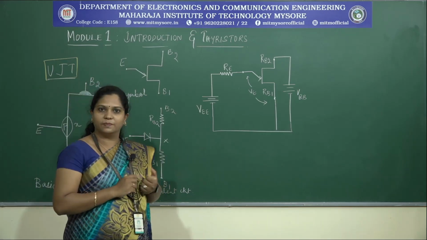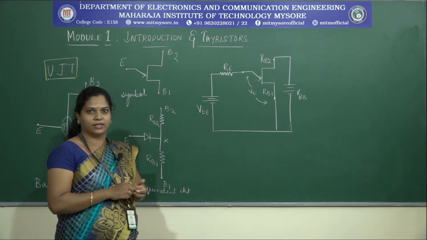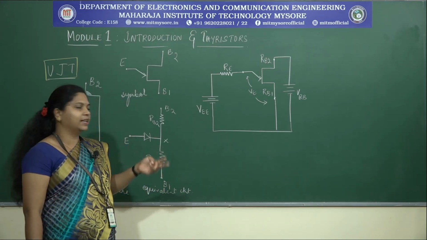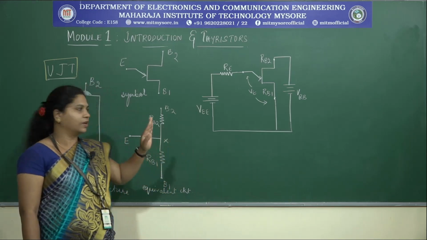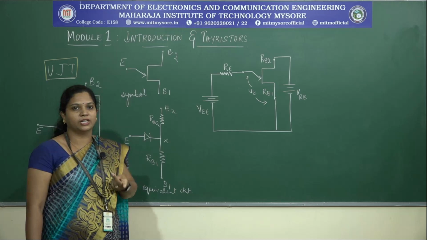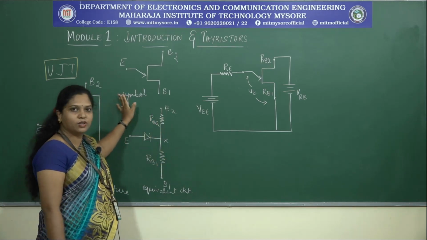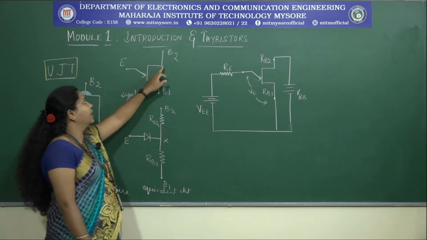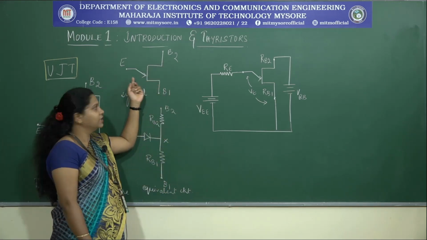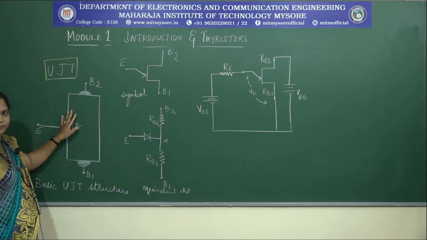We have come across the BJT, the bipolar junction transistor, which has 3 layers, NPN or PNP, and 3 terminals. There are 2 junctions in the case of BJTs, whereas in a UJT we have 3 terminals but only one single junction.